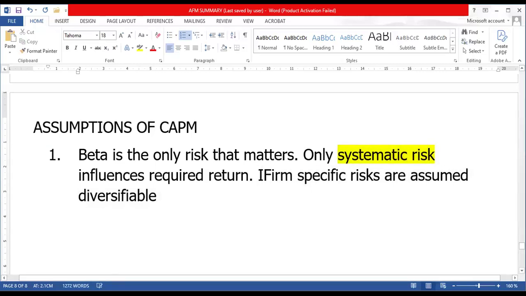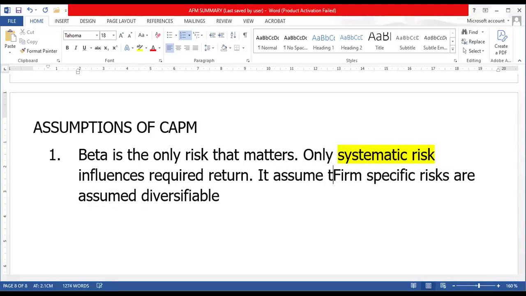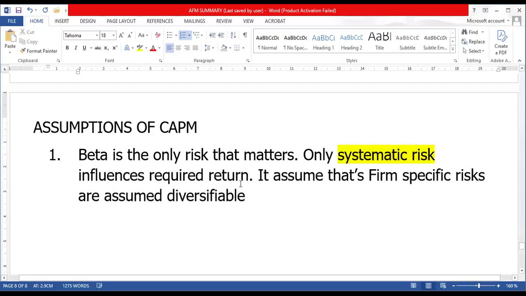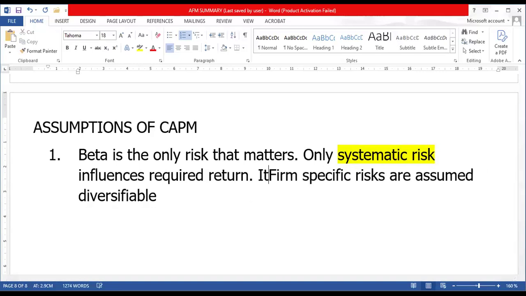This model assumes that, depending on how you want to start, you can simply say the firm specific risks are assumed diversifiable.